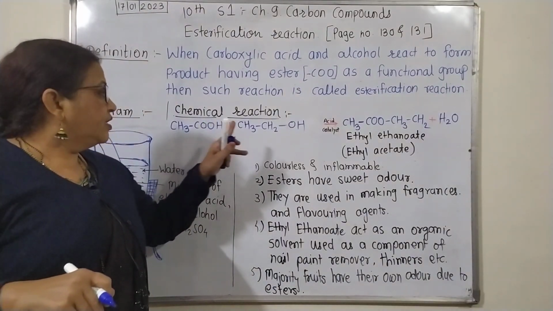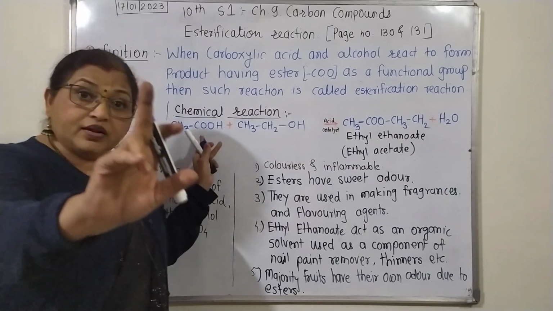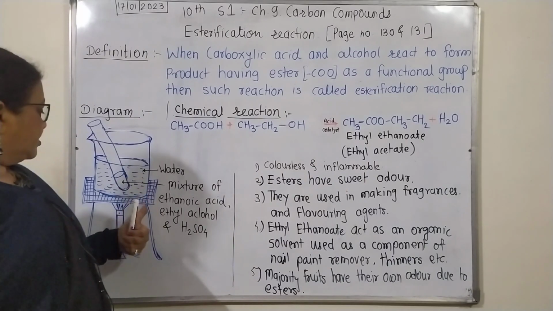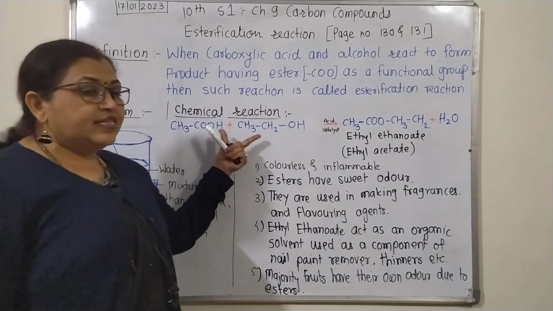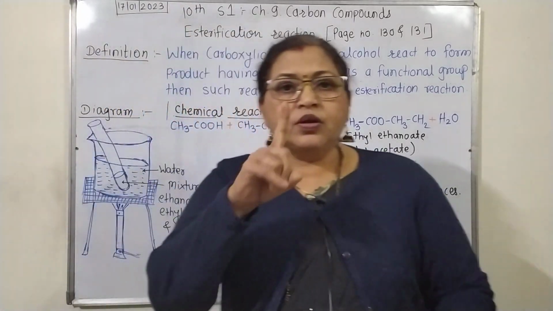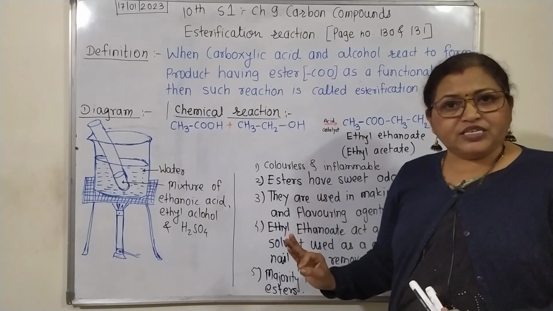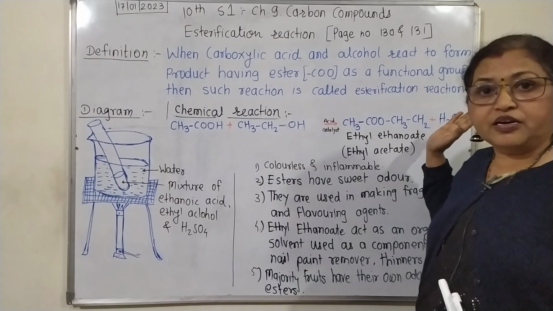Ethanoic acid, ethyl alcohol, when they react together in the presence of catalyst acid. Here in this reaction sulfuric acid is used as catalyst, and in this reaction if you observe the reaction very carefully, too much easy reaction it is. दिखने में ऐसे दिखता है कि अरे बाप रे कितनी बड़ी रिएक्शन है, कैसे याद रखें.